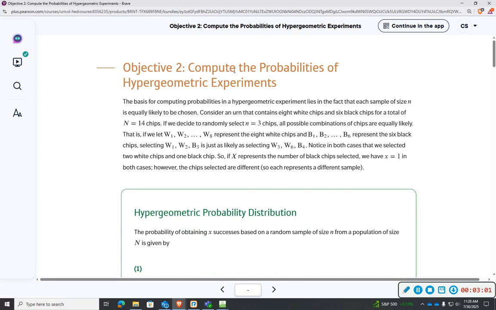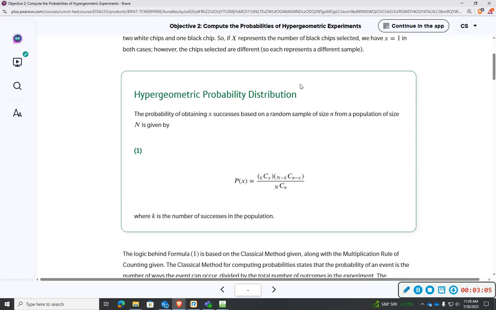Here's your objective 2. You're going to compute probabilities of hypergeometric. We'll be doing StatCrunch with this, but here is the formula. You have the group of interest, which is k, and then how many actual successes we have from there. You have your population size, and you take away the special group, so you're kind of separating your group into right selections and wrong selections.